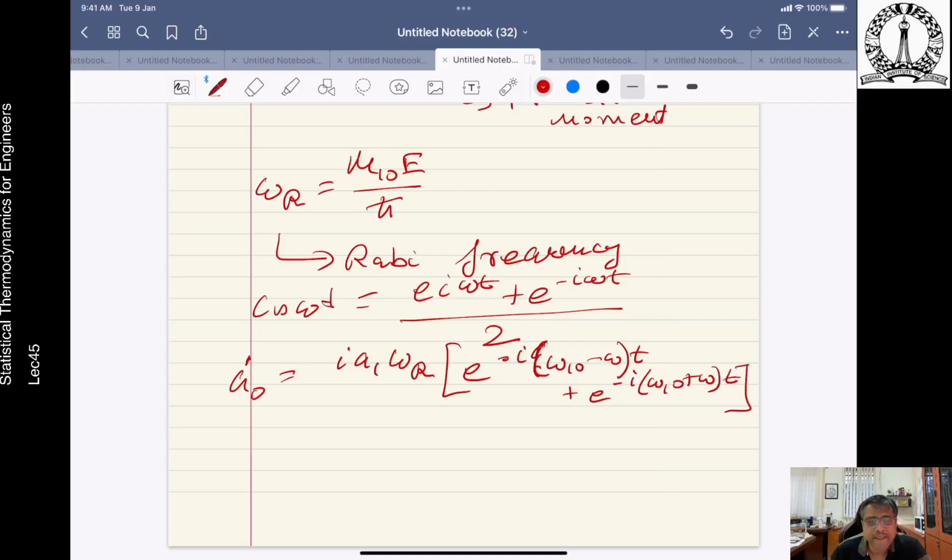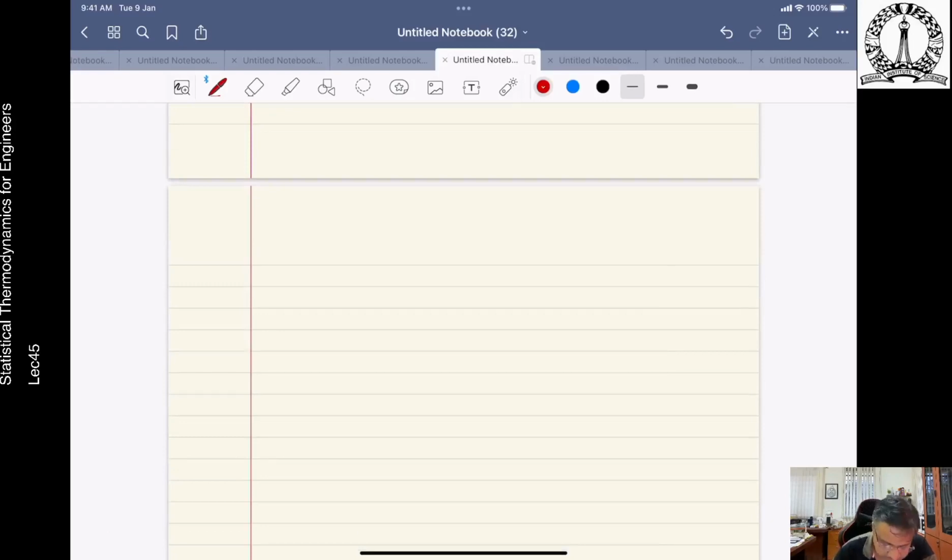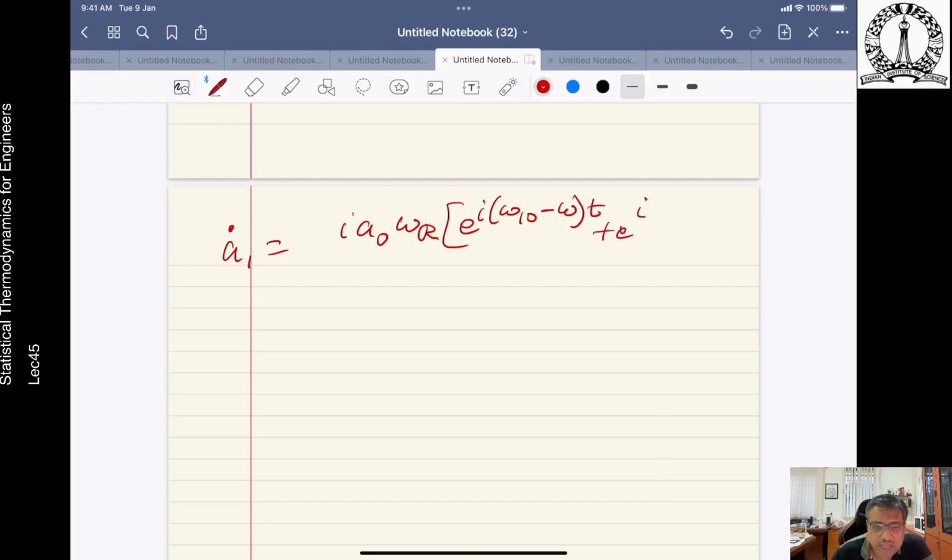i omega 10 plus omega times t, and this is divided by 2. Similarly, a1 dot is i a naught omega r, e to the i omega 10 minus omega times t, plus e to the i omega 10 plus omega times t.